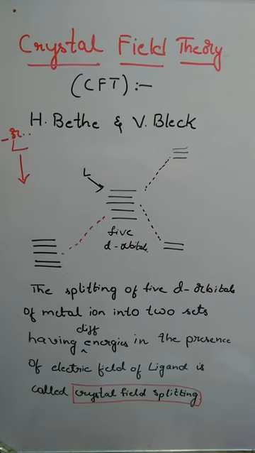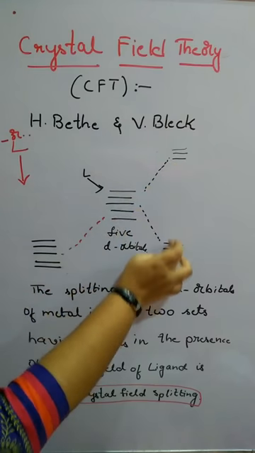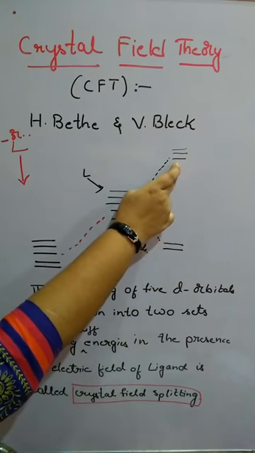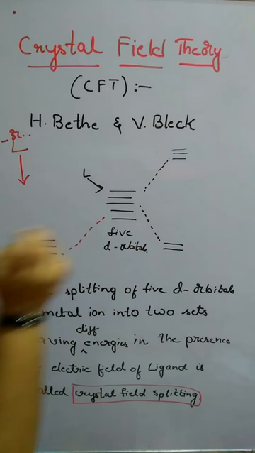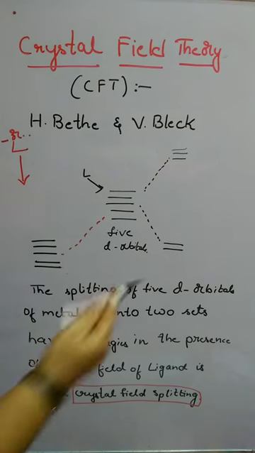The extent to which the energies of these two sets of orbitals are split is called the crystal field splitting energy. That is nothing but the energy difference between this set and this set.